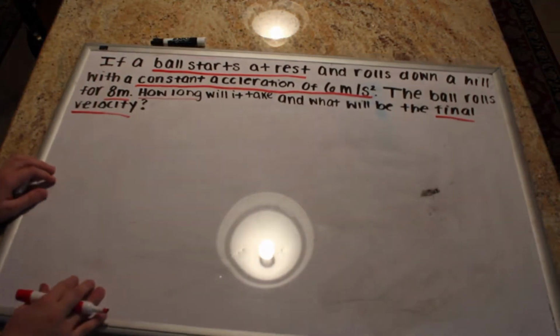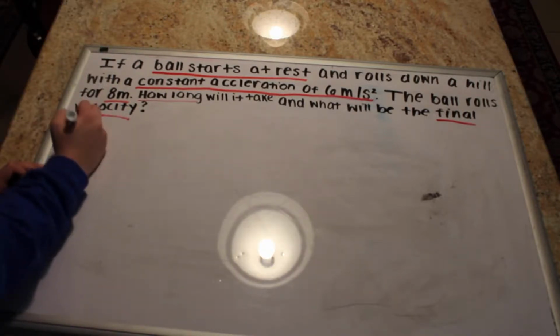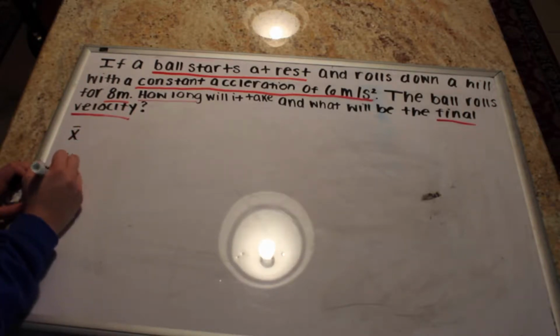We are going to write down the 5 things that we need to figure out: our displacement, initial velocity, final velocity, acceleration, and time.